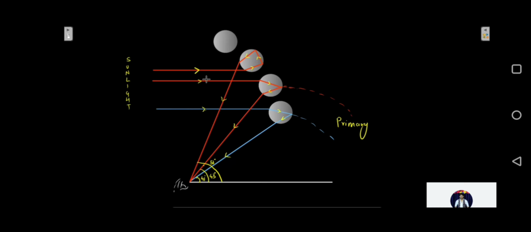Next, let us see the violet light. Again, this is going to come something like this.